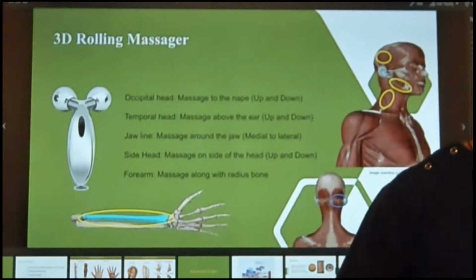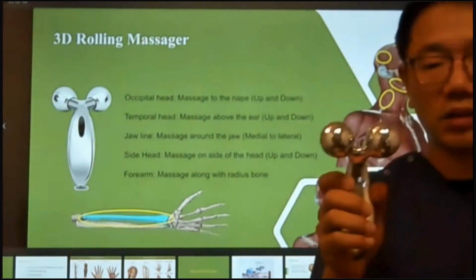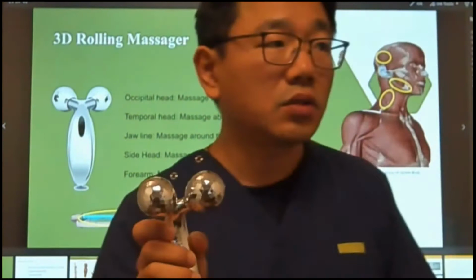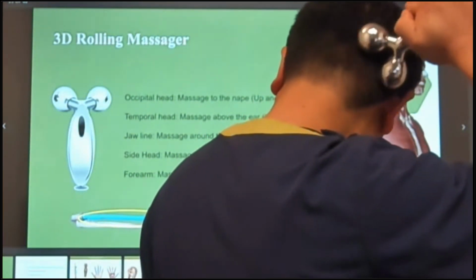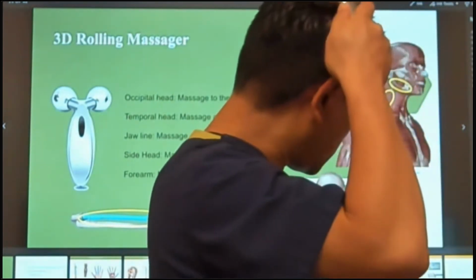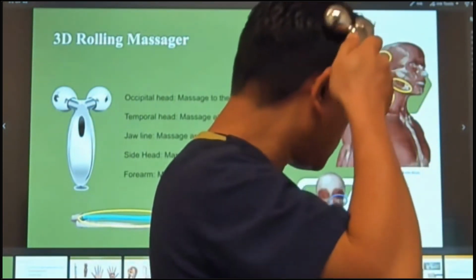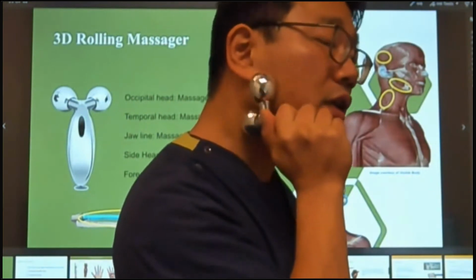And the 3D rolling massager is like this. It's in the toolkit. And you can use this to massage here, or your temporal area, and your jaw area.